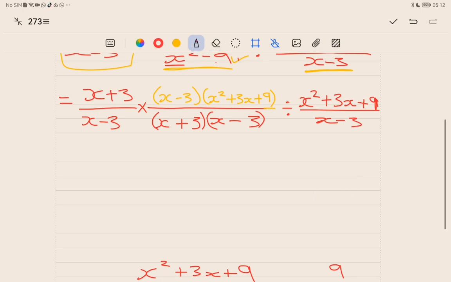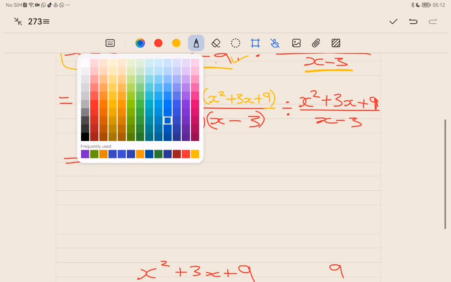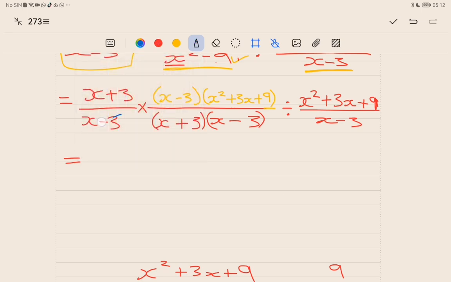So here what we see is that this will cancel this. This will cancel this. They are not really cancelling, they are dividing.